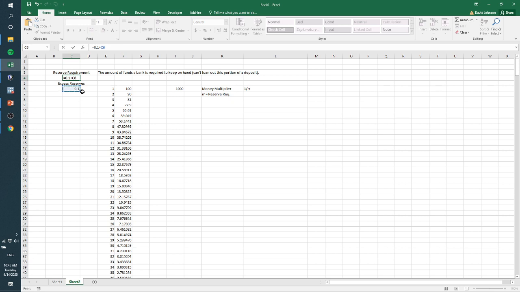Now, what I'd like you to do is try to figure out how much cash would be created from a $100 deposit if banks are required to keep 10% reserves, and the bank also chooses to keep 10% in excess reserves. So I'm going to write this question down for you.